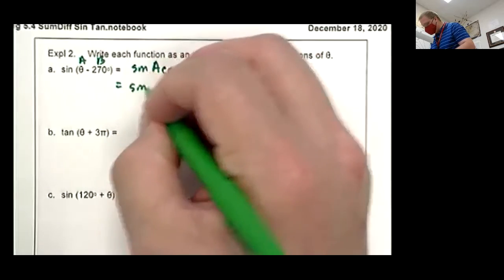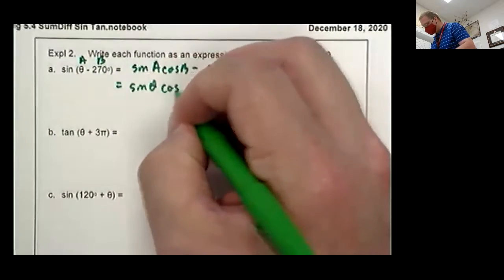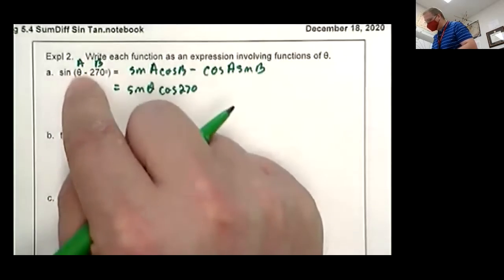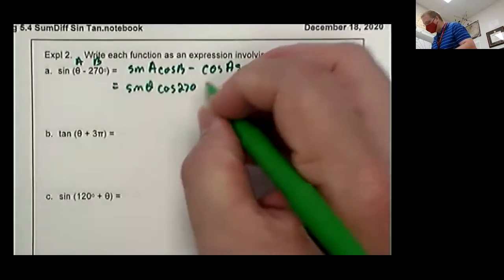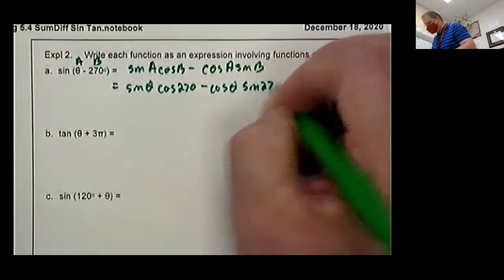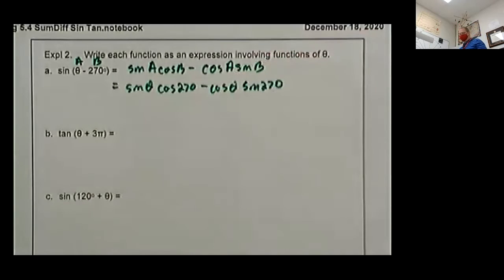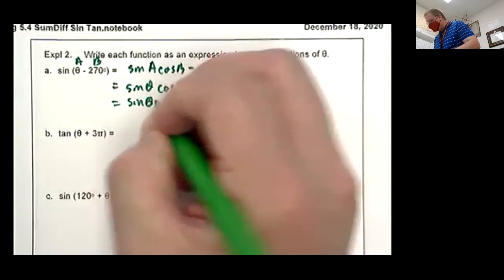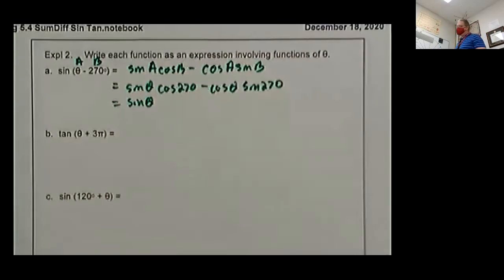So this is sine of theta times cosine of 270. Remember, it's a positive 270, not a negative. The negative goes with the identity, not the number, minus cosine of theta times sine of 270. And then we're going to evaluate. Sine of theta is still sine of theta. Cosine of 270 is, so that's our down from the origin.